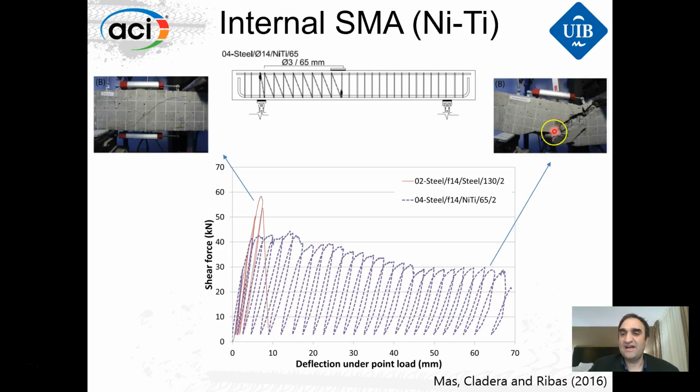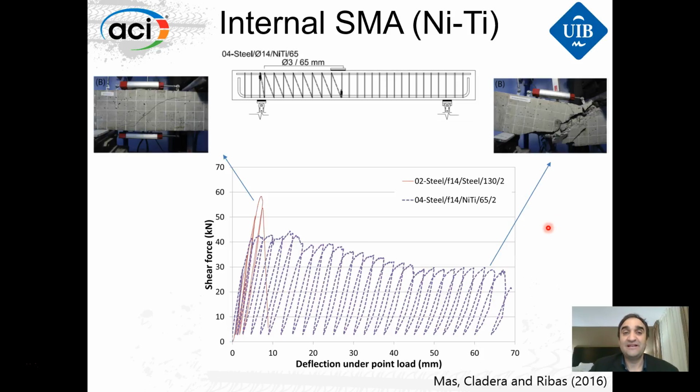But here we have the nickel titanium spiral, and you can see here the shear force versus deflection under point load. The deflection is measured here, the load is applied here, and here we have the reactions, and you can see that we really obtain a very high ductile behavior in this case.